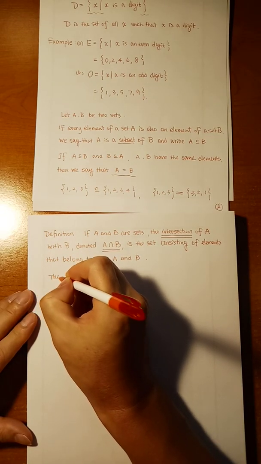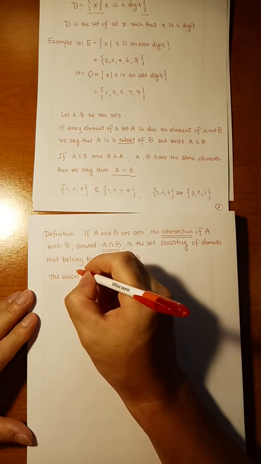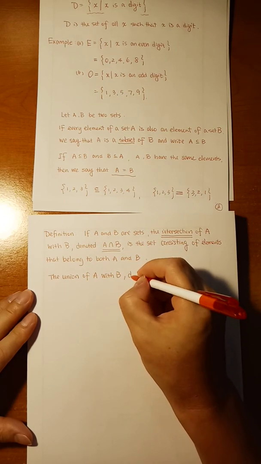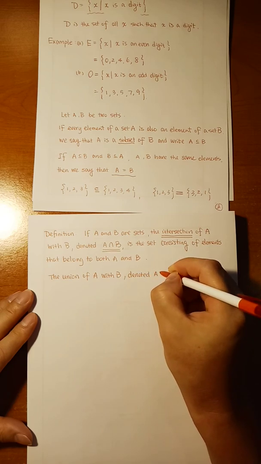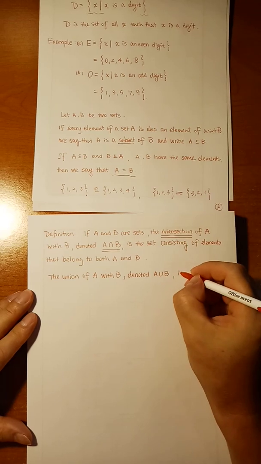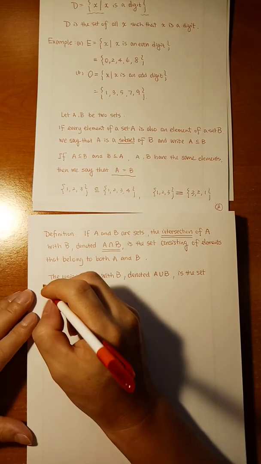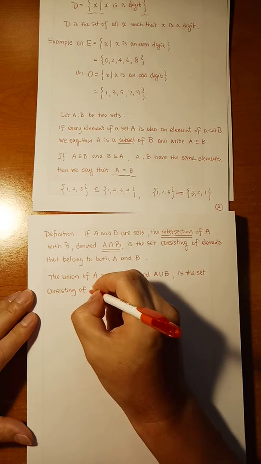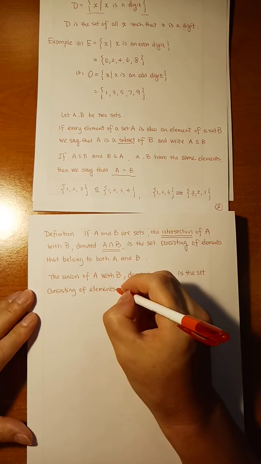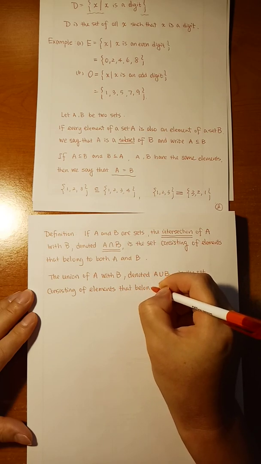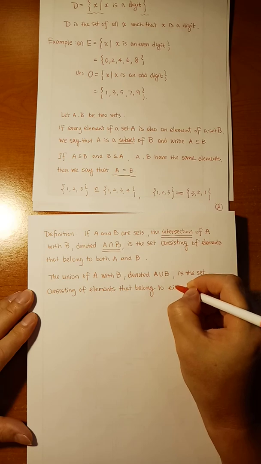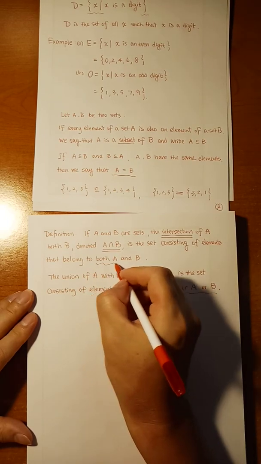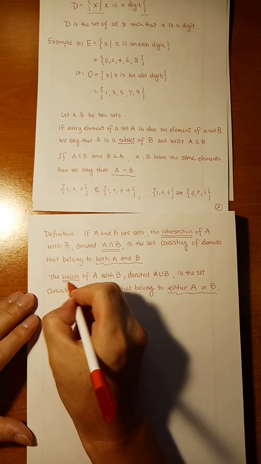And the union of A with B, denoted A cup B, is the set consisting of elements that belong to either A or B. You see, it's a difference between the union and the intersection.